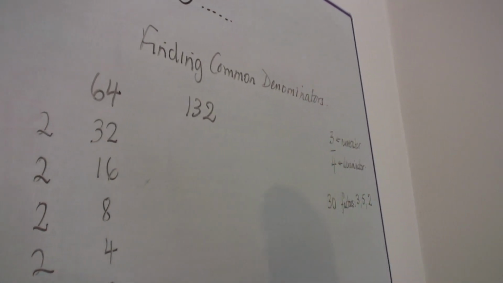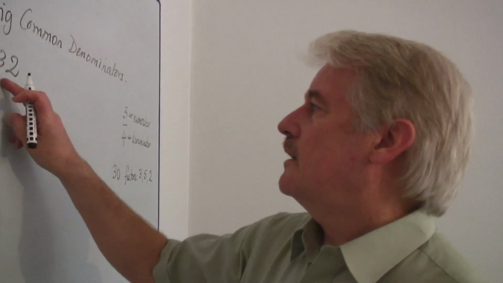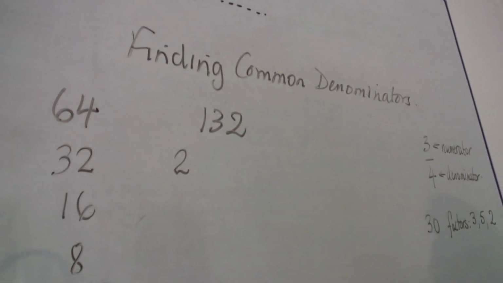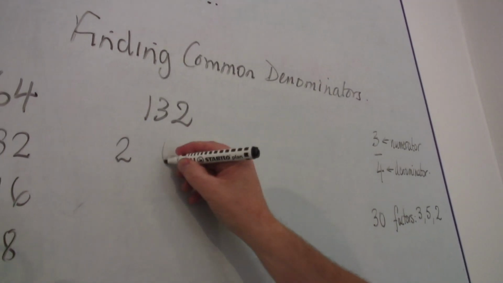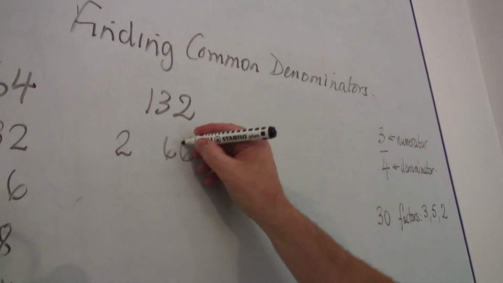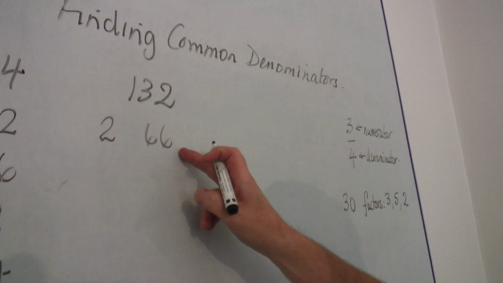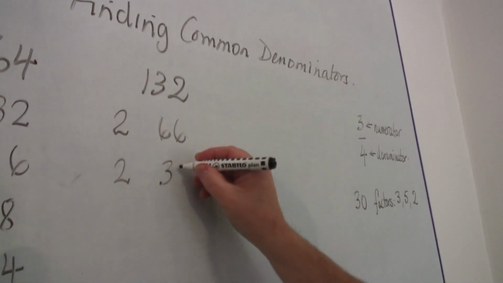Well, what about 132? Can I divide that by 2? Yes. And it will give me, well, 132 divided by 2 should be 66. Okay? Now, if I divide 66 by 2, yes, I can do it, I'll get 33.